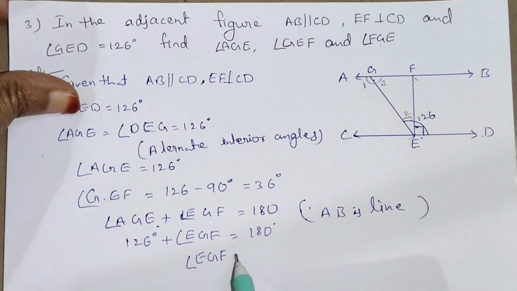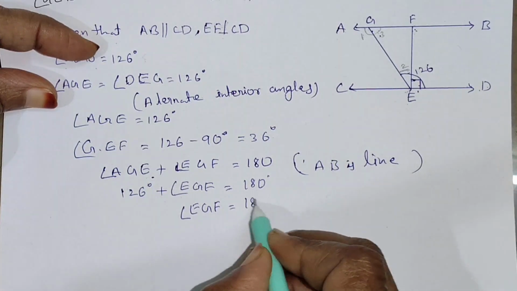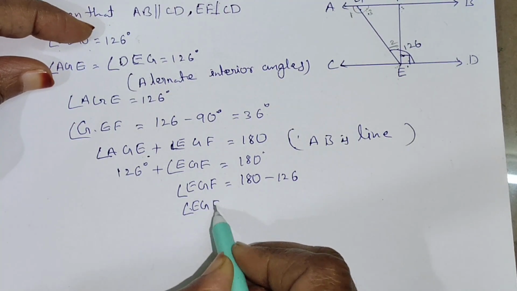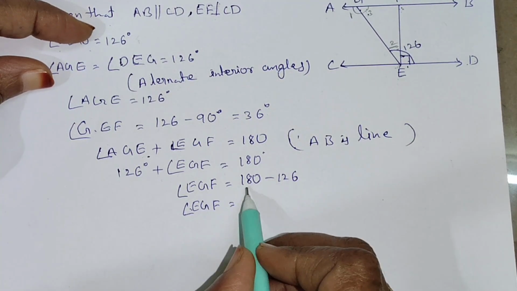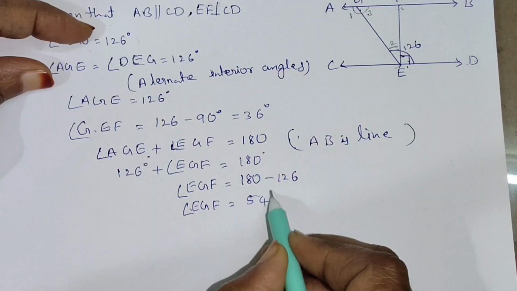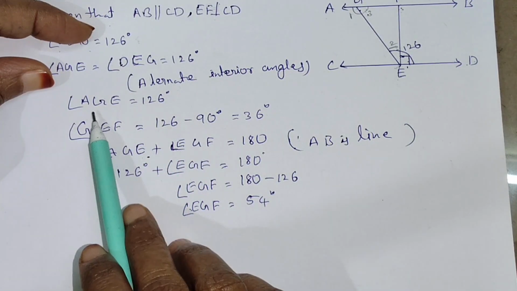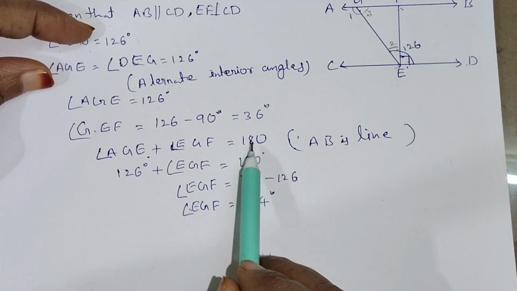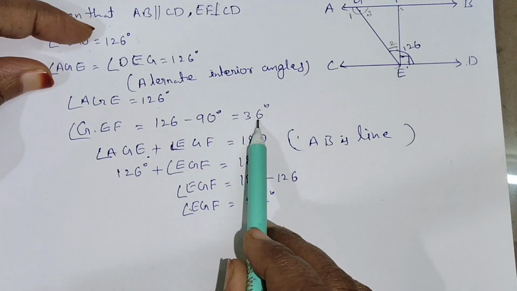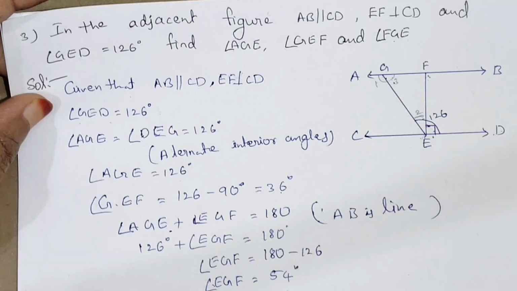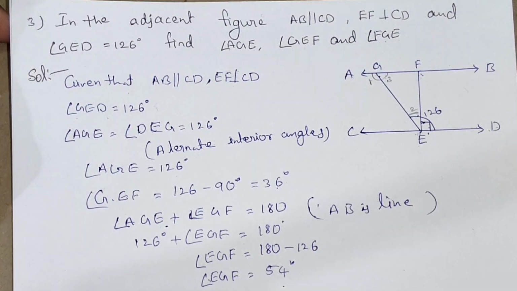EGF is equal to 180 minus 126, which is 54 degrees. So 54 degrees is the answer. The three angles are 126, 36, and 54 degrees. This is the third one, complete proof.